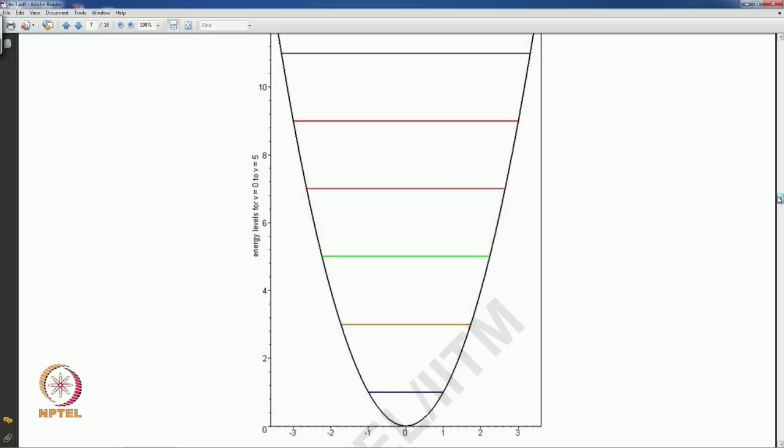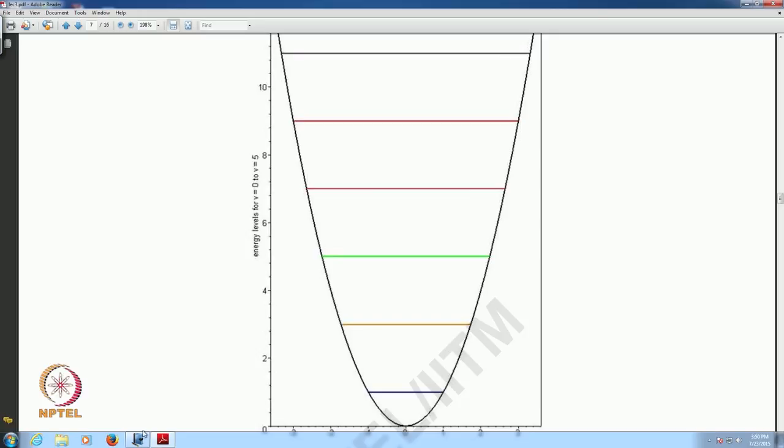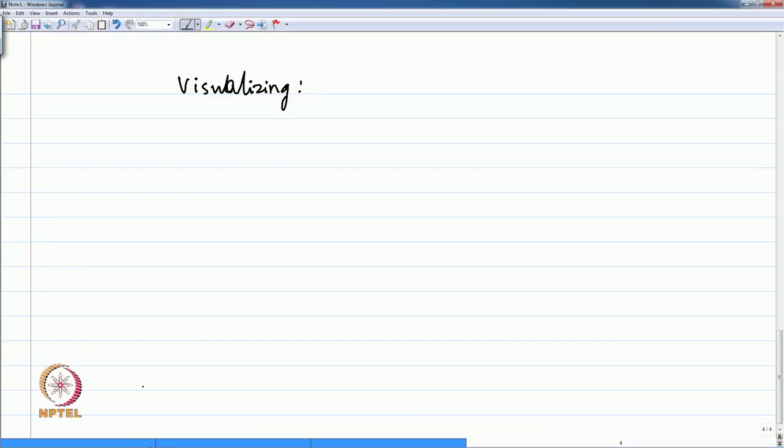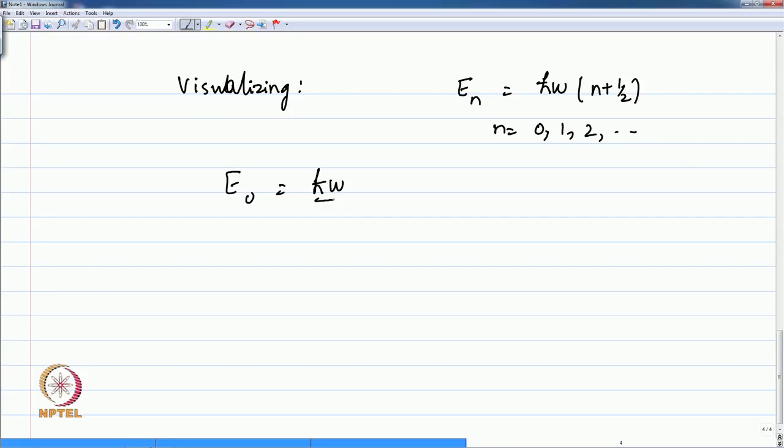The energy levels, if you remember, have this expression, namely E n is h bar omega times n plus a half, where n is equal to 0, 1, 2, 3, etc. Therefore, you can see that E 0 is h bar omega by 2, E 1 is 3 by 2 h bar omega, and E 2 is 5 by 2 h bar omega, and so on.